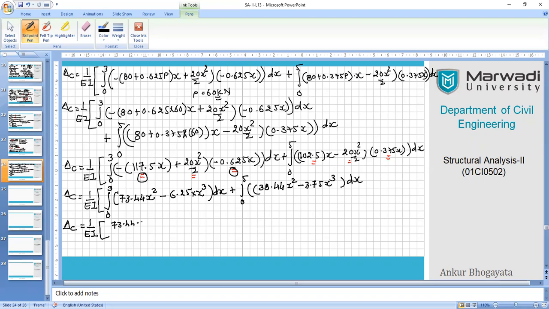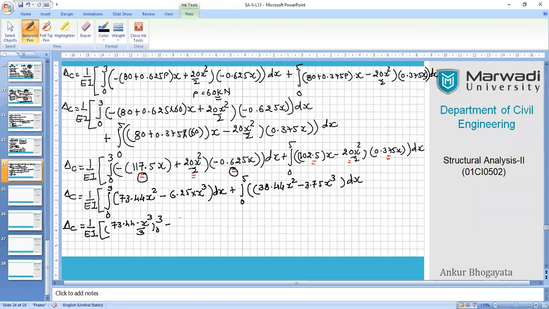73.44 into x cubed by 3, where the limit is 0 to 3, minus, remember the final answer you will be giving to me, right? So this will be my last calculation for this numerical.